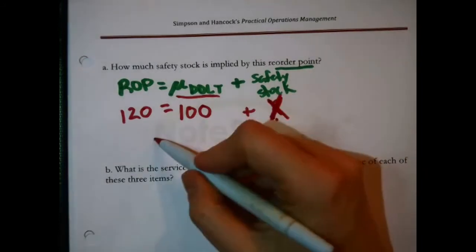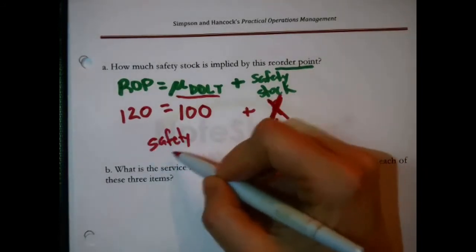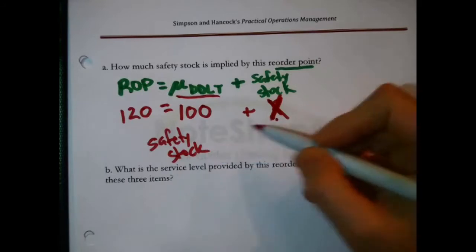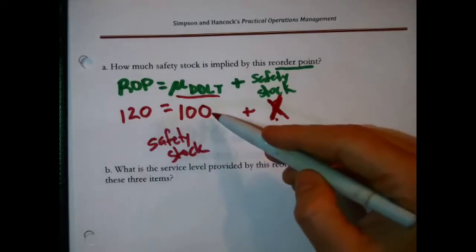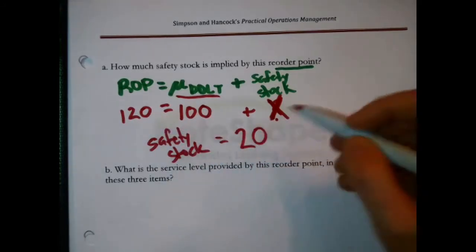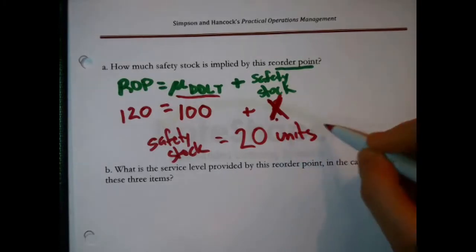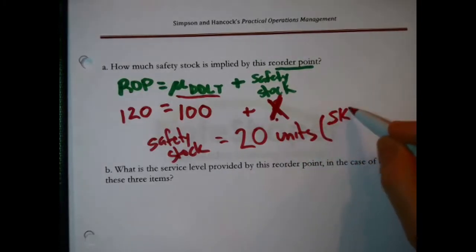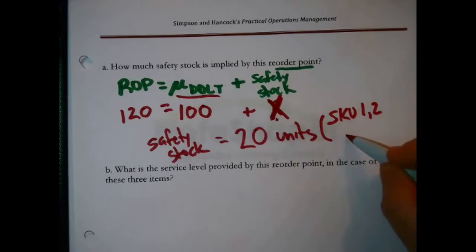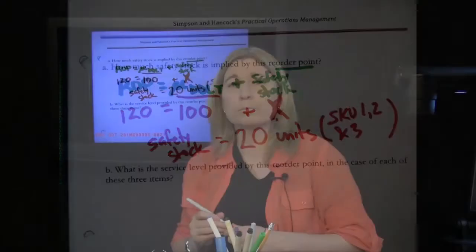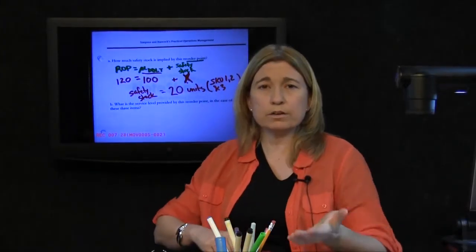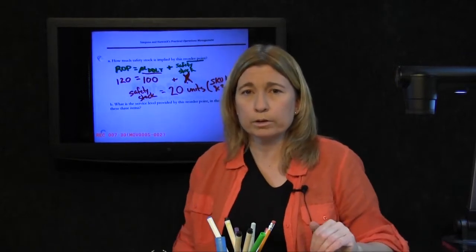So safety stock would be the difference between the two. It would just be 120 minus 100, or 20 units. And that answer is good for SKU 1, 2, and 3. All three of them have the same safety stock implied in their reorder point, 20 units.